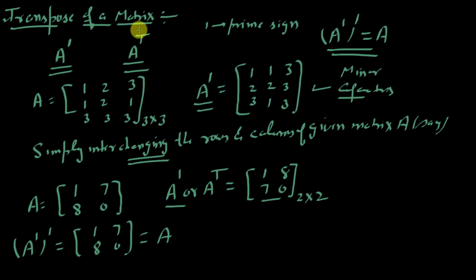So that is all I have from this lecture. In the next video lecture we will be studying about what is adjoint of a matrix and how to find it.